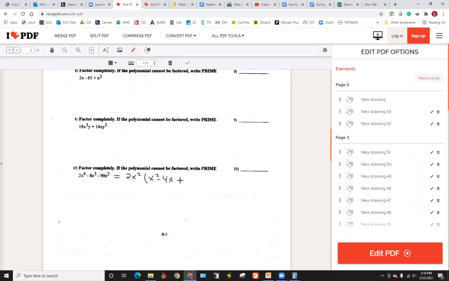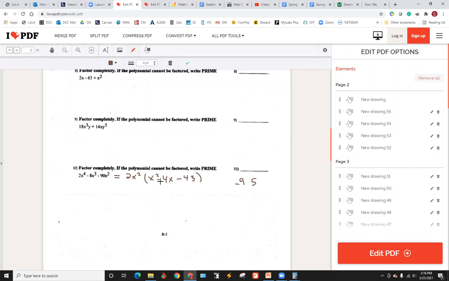And then this is minus 45. All right, so we need, and let's put this to use, we need factors of 45 that have a difference of 4. Let's see, there's 9 times 5. And look at that, it's the first one. This is a different sign, so one's got to be negative, one's got to be positive.